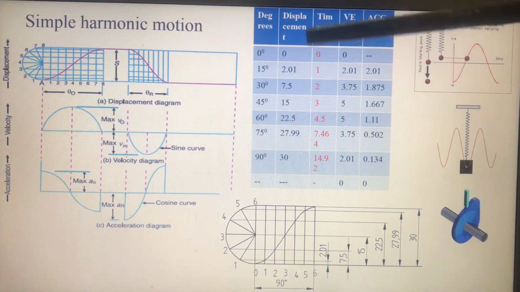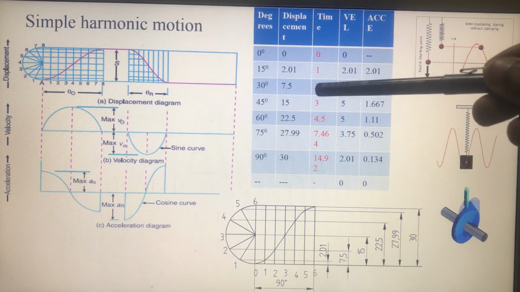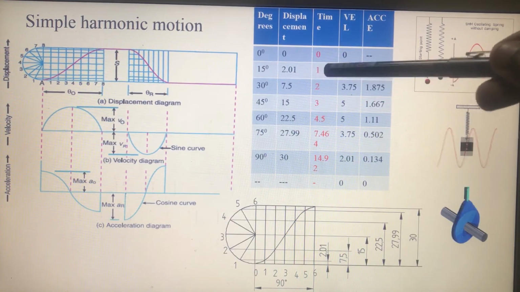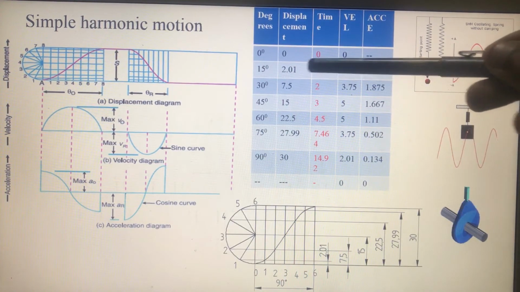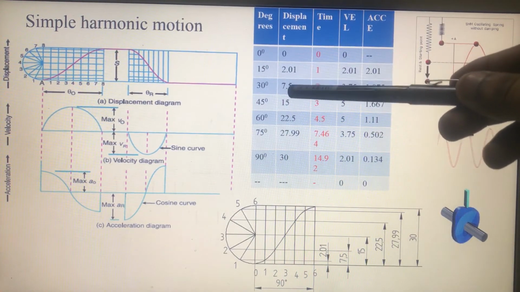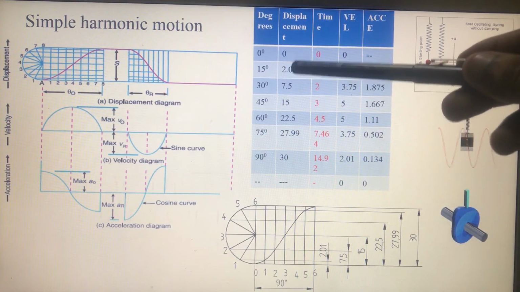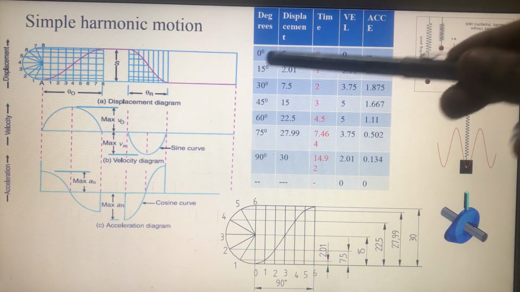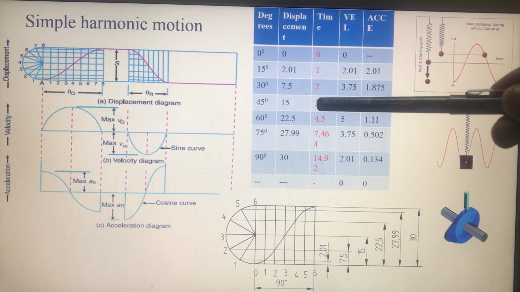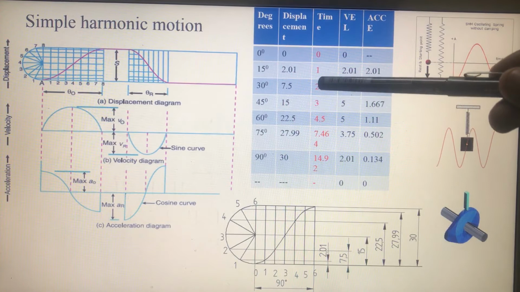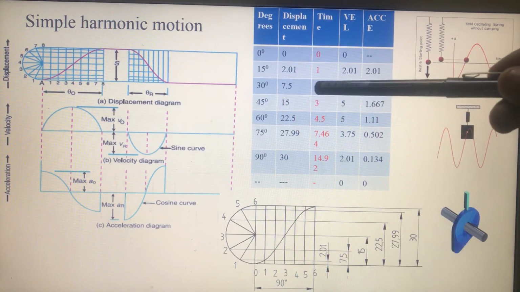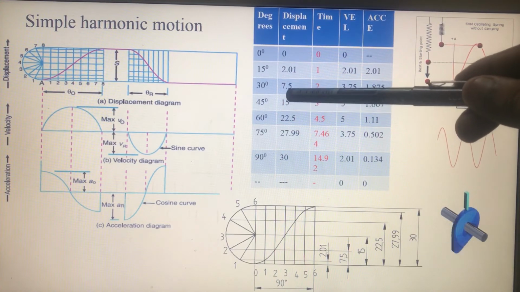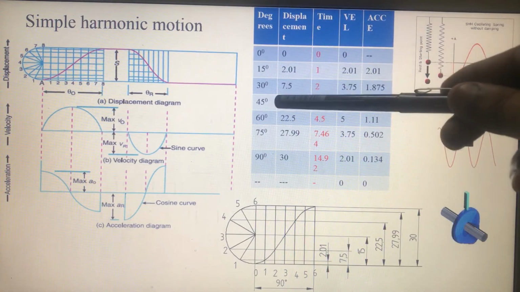Likewise, for the next 1 second, that is 2 minus 1, the lift is 7.5 minus 2.01, that is 5.49. Next 1 second, that is 3 minus 2, the lift is 15 minus 7.5, that is 7.5.